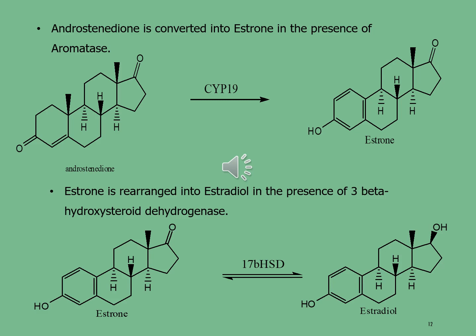In estradiol, there are two hydroxyl groups. As the name implies, diol, one hydroxyl group is present at carbon 3 position and the other is present at carbon 17 position. In this way, estradiol is synthesized by using this reaction scheme.